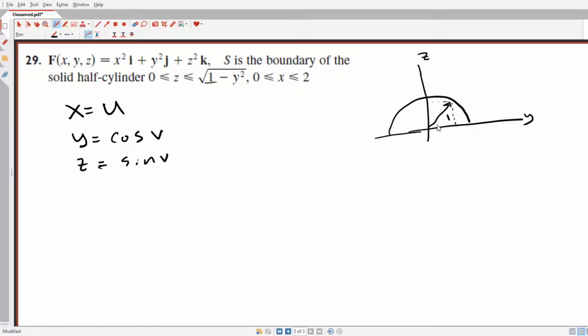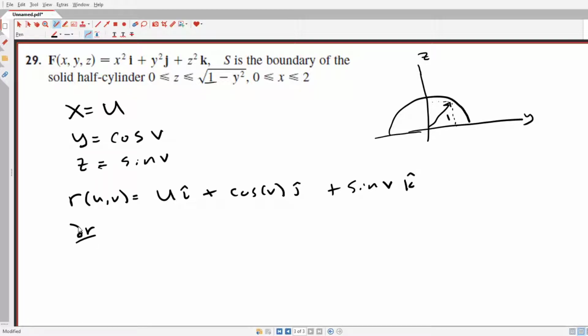Sorry, other way around. No, that was right. Okay, so I can write r of u, v is equal to u i plus cosine v j plus sine v k. And now I need to do my derivatives. So I have dr du.